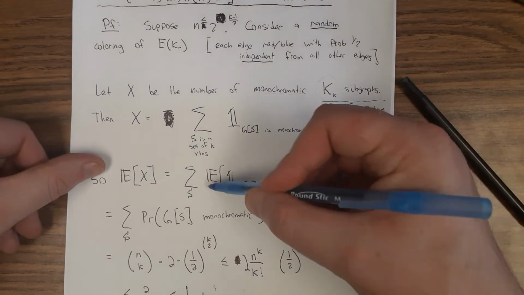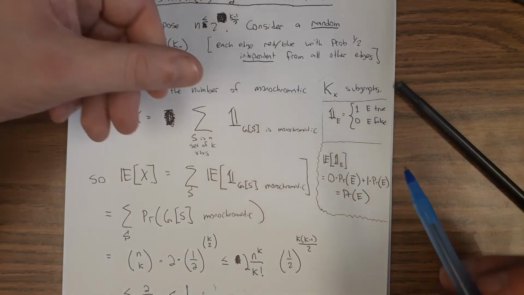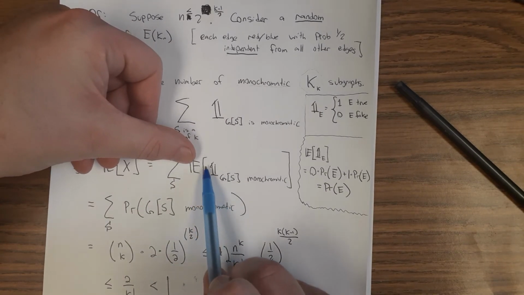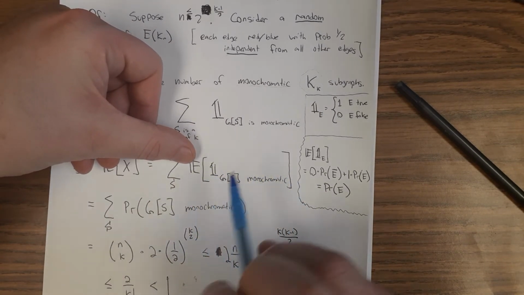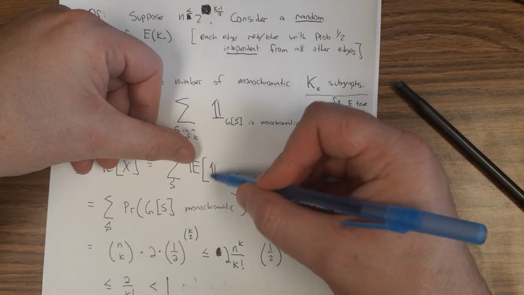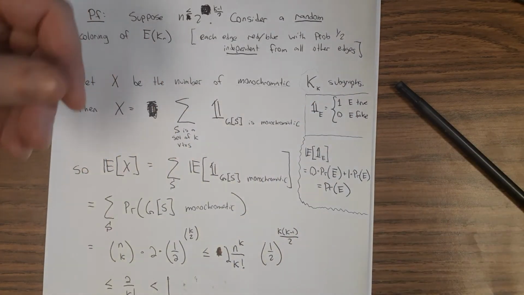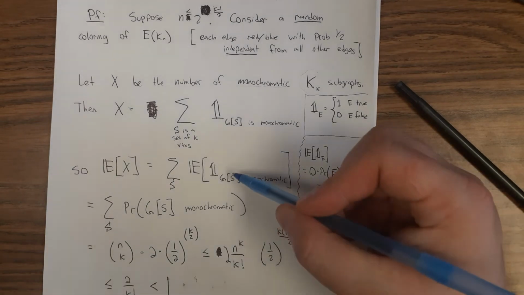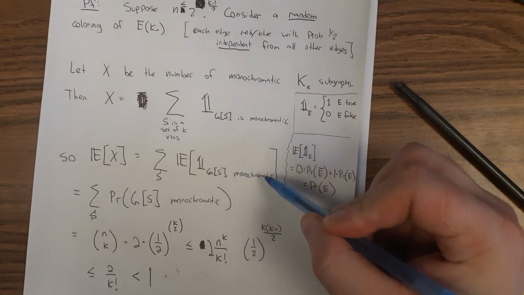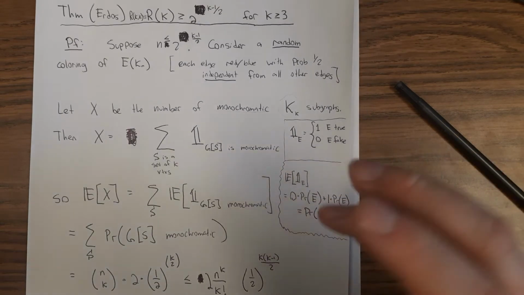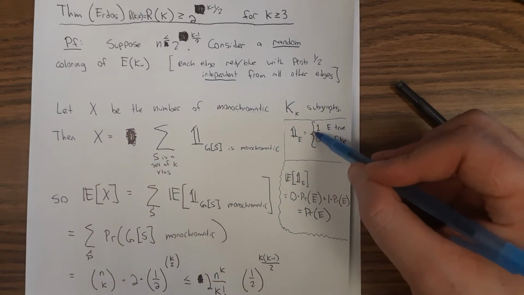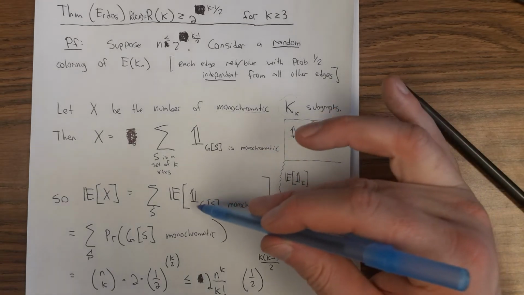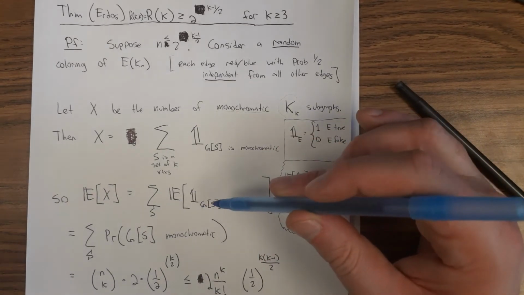And by the way, these bold-faced ones are called indicator variables. It just indicates whether the subscript is true or false. It indicates that it's true by saying it's 1, and it indicates that it's false by saying 0. These are called indicator random variables.